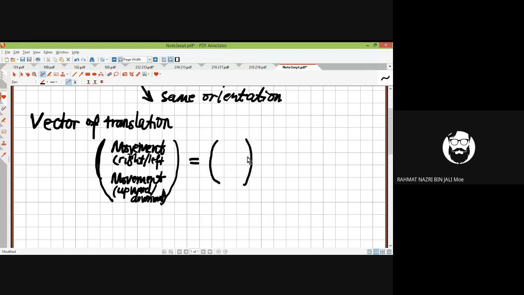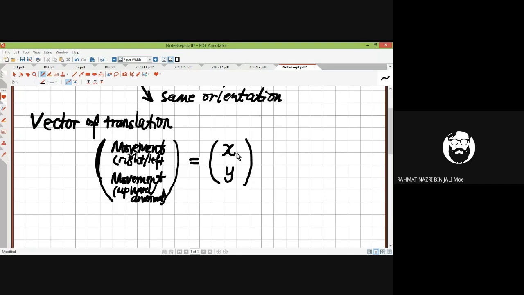In this matrix form, we refer to the movement to the right or left. We refer to how many boxes the point moves along the x-axis. So we find out how many boxes on the x-axis, and then for the below part, we refer to how many boxes the point moves along the y-axis, upward or downward. If the point moves downward, we get the negative value of y.